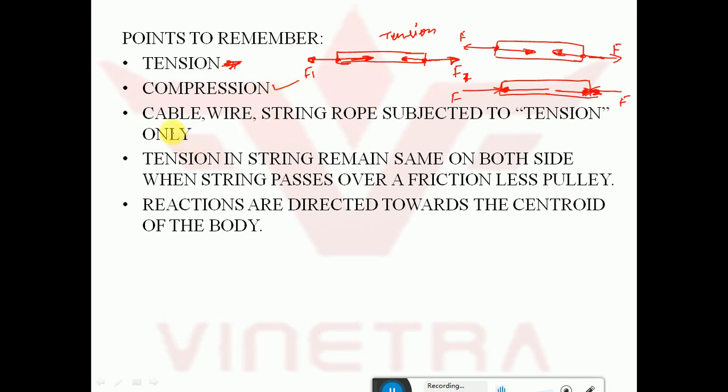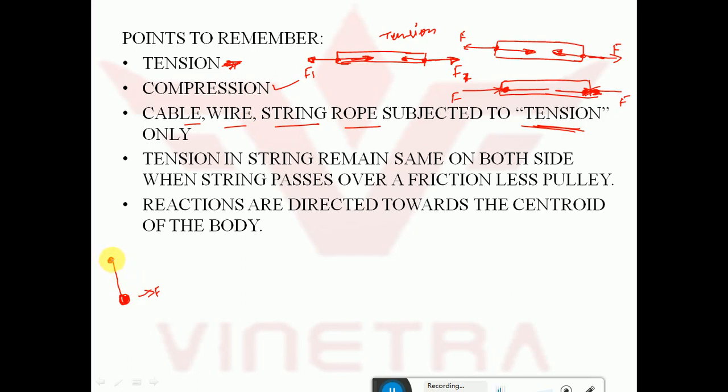And one more thing to remember: anywhere in a problem, if it is given as cable, wire, string or rope, then take it that the body will be in tension only. For example, this is a string holding a pendulum, and if I apply some force F, this string will be in tension.